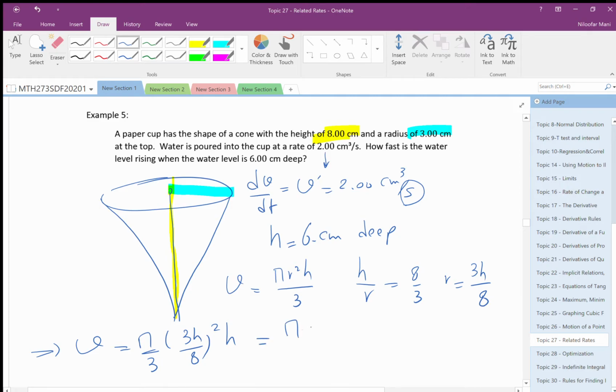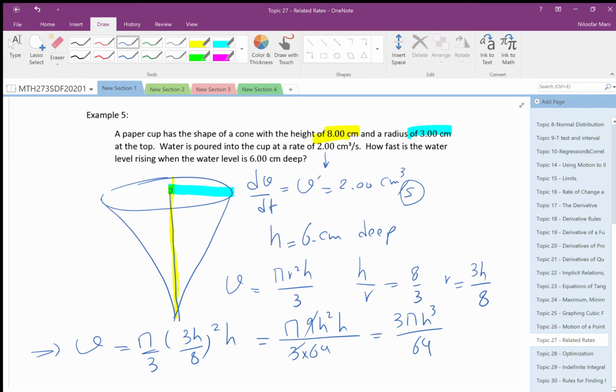It is pi 9H squared H divided by 3 times 64, which is cancel this and this, so it is 3 pi H cubed divided by 64. Perfect. Now I have V based on just H. But if I want to find the derivative of V, I have to do derivative of product rule. And it's hard.